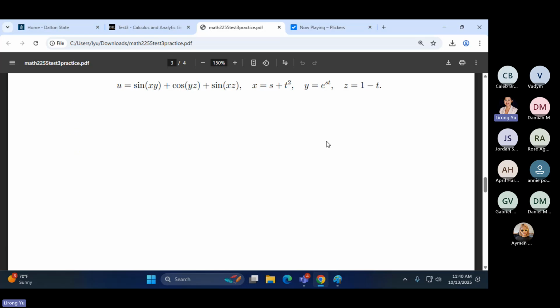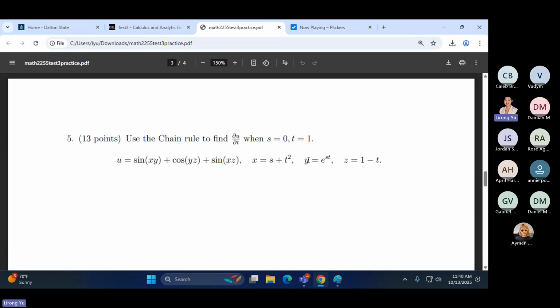So with this kind of function, if you plug the x formula into x, the y formula into y, and then the z formula into z, your function u is going to be really, really long, and therefore the partial derivative calculation is going to be really long as well. So difficulty is there. So applying chain rule can make the representation easier.